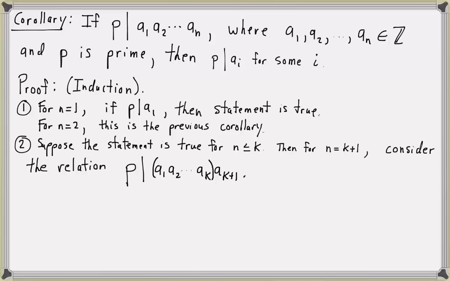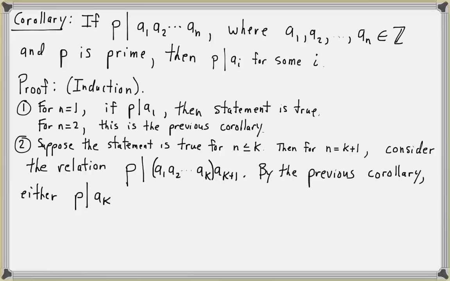Well, if I think of this as a product of two integers, and by the previous corollary, either p divides ak plus 1 or p divides the product a1, a2 up to ak.